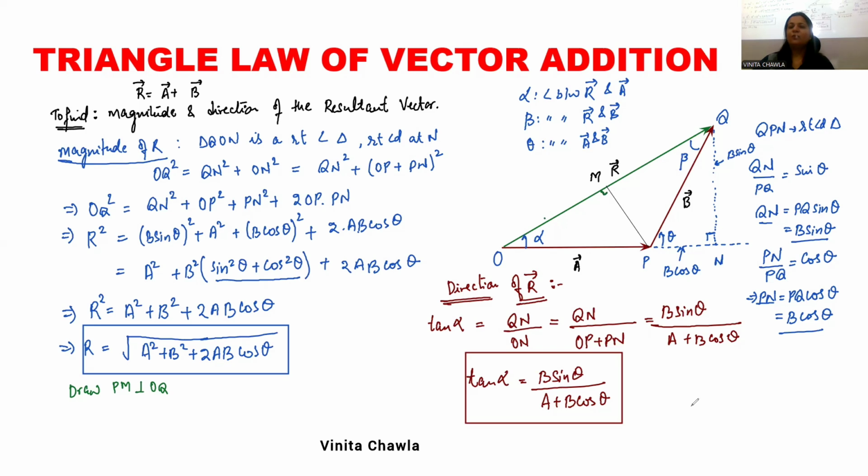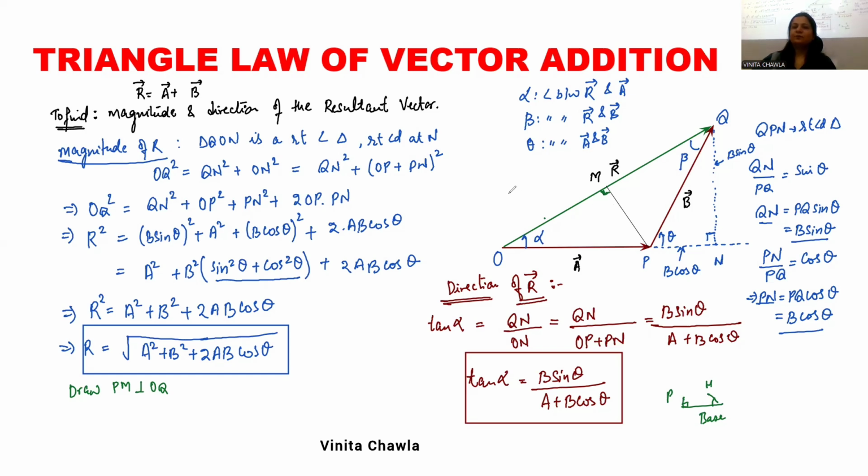OM is the base because we have 90 degree and this angle here. This is base, this is hypotenuse, and this is perpendicular. So we can write PM in terms of A and alpha.